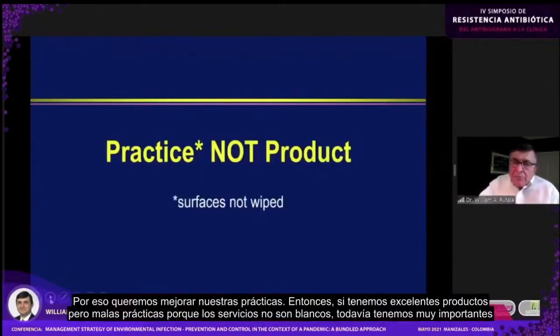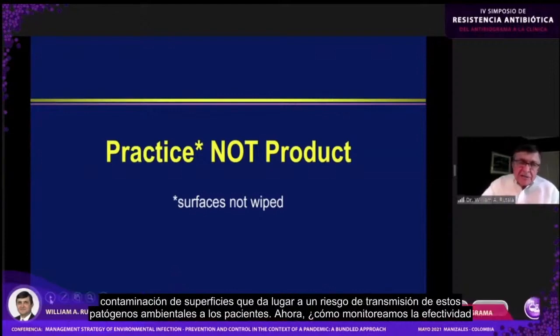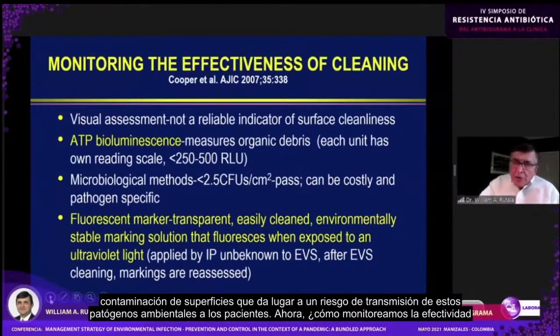So we want to improve our practices. If we have excellent products but poor practices, because the surfaces are not wiped, we still have very significant contamination of surfaces, which results in a risk of transmitting these environmental pathogens to patients.